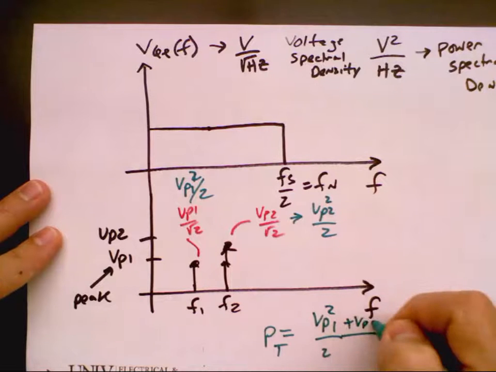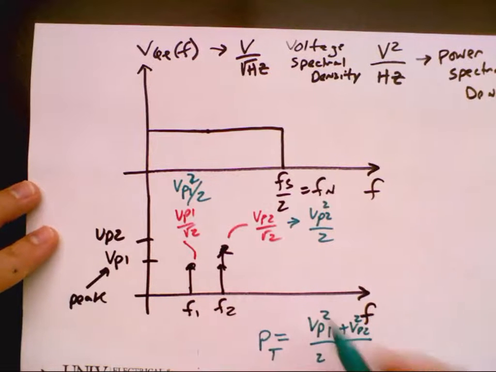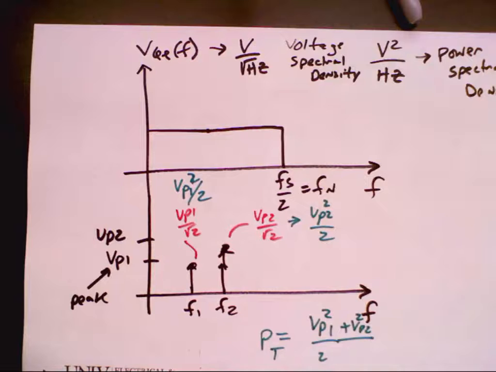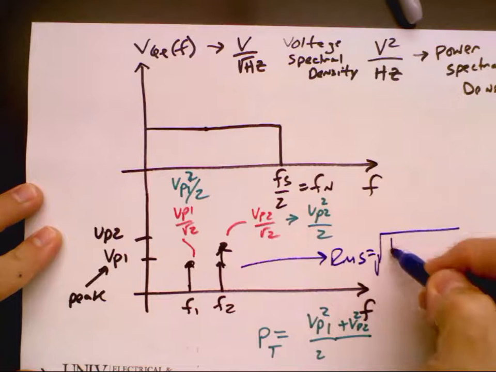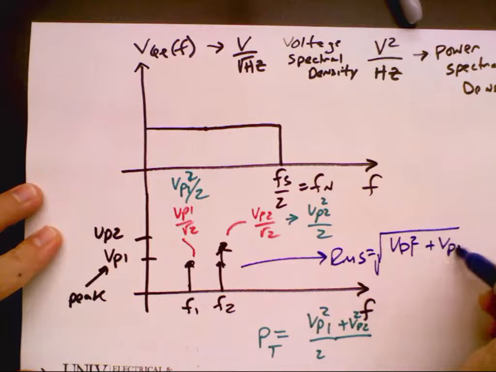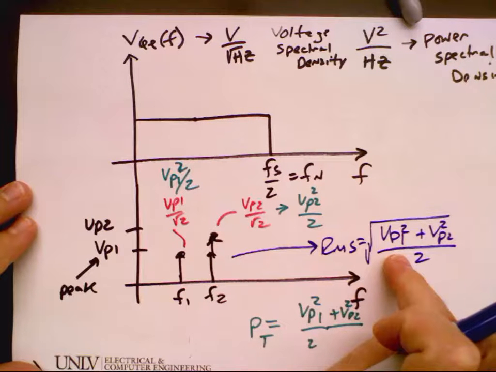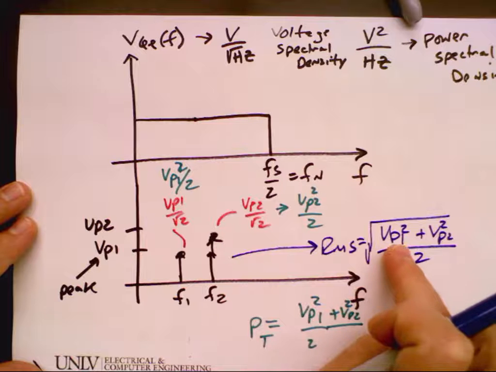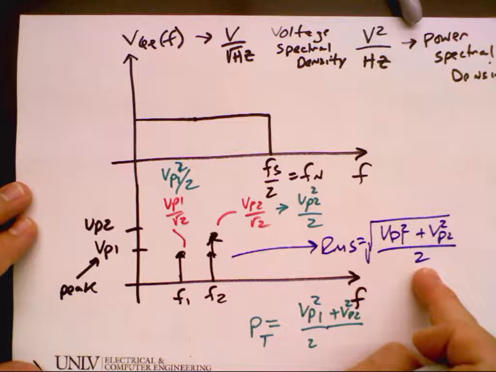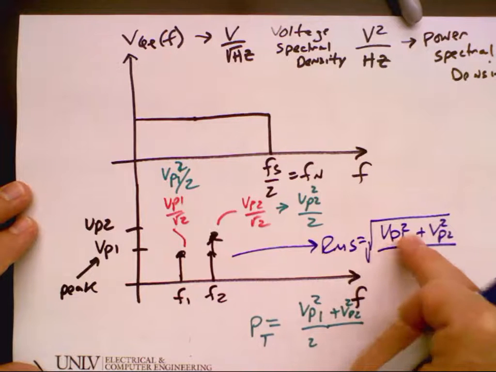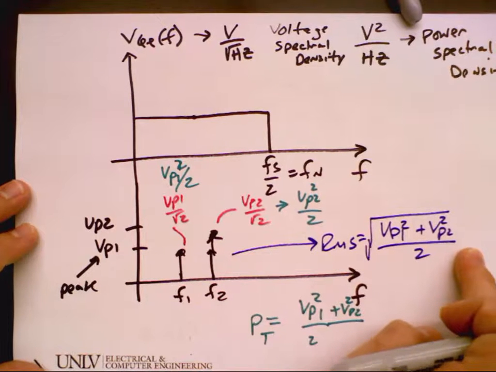Then the RMS value of these is the square root of VP1 squared plus VP2 squared all over 2. In other words, the RMS value is not the sum of VP1 over root 2 plus VP2 over root 2. Has everybody got that? Because when you take the square root of this, it's not VP1 plus VP2. Please don't do that. That's like a 9th grade algebra mistake.